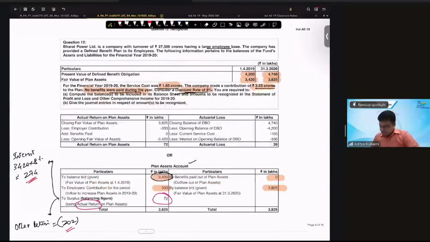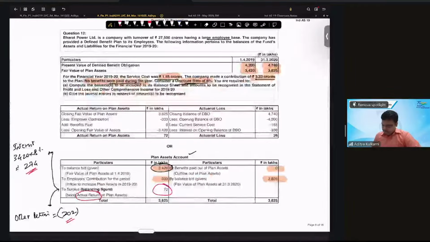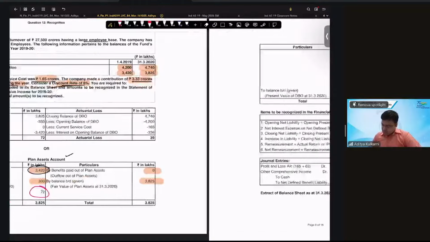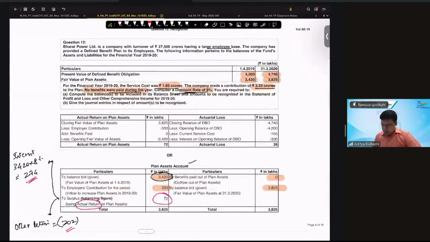Opening net liability will be how much? Assets 3,420, liability 4,200. So 4,200 minus 3,420 gives you opening DBO 780. Net interest expense, you can take it as 336 minus 274.